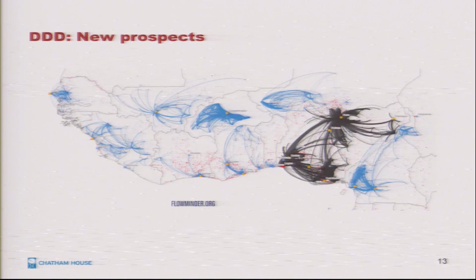Beyond just detecting events that would be detected by traditional surveillance, there is a potential to look at health and disease in ways that were previously totally impossible using traditional surveillance. This maps population movements across West Africa using mobile phone data.